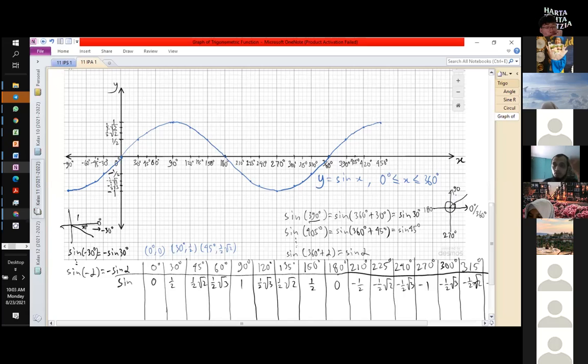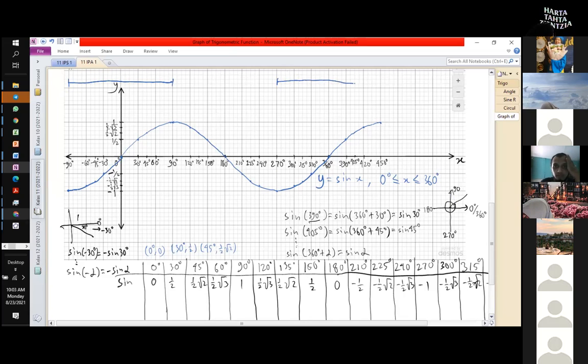The sine will also repeat. So you can see the repetition here, for example, from negative 90 degrees to 90 degrees. It's exactly the same shape as from 270 degrees to 450 degrees.